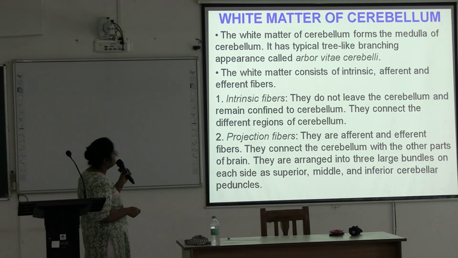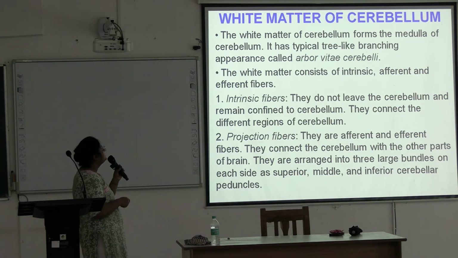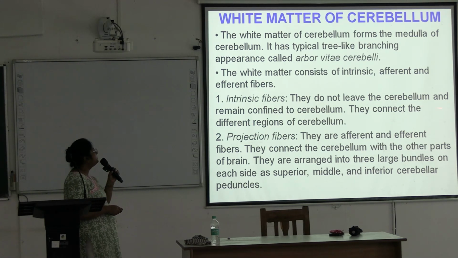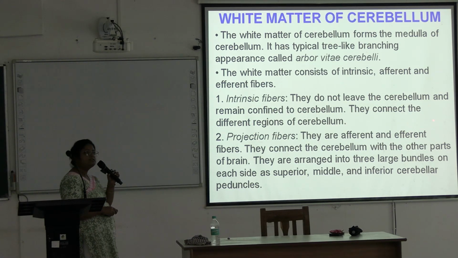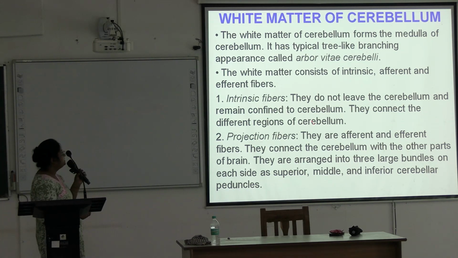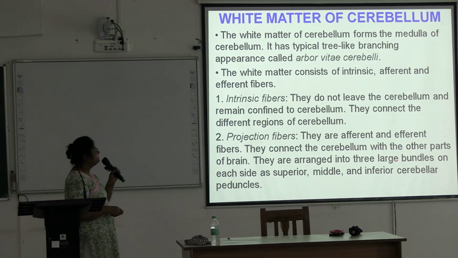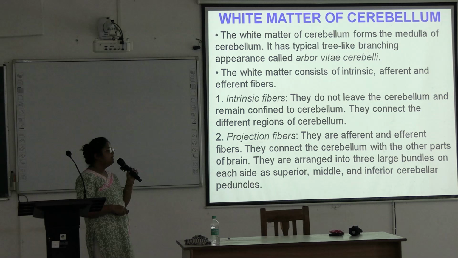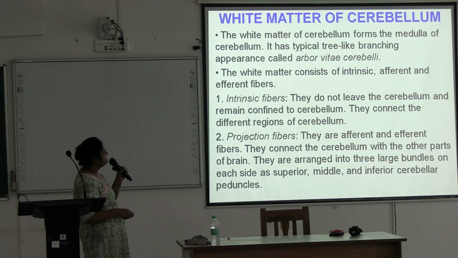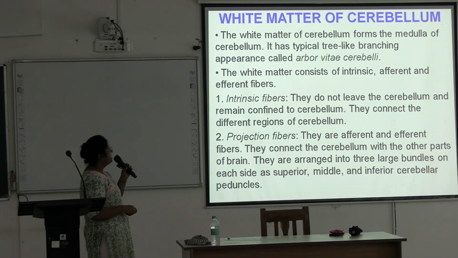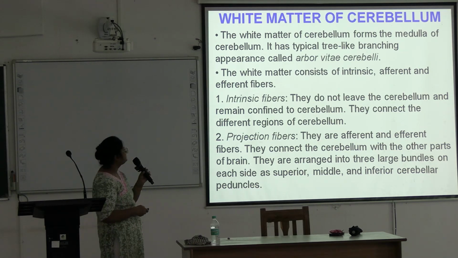Intrinsic fibers, they do not leave the cerebellum, remain confined to the cerebellum, connect different regions of the cerebellum. And projection fibers, they are afferent and efferent fibers, connect the cerebellum with other parts of the brain. And they are arranged into 3 large bundles on each side as superior, middle, inferior cerebellar peduncles. Okay.